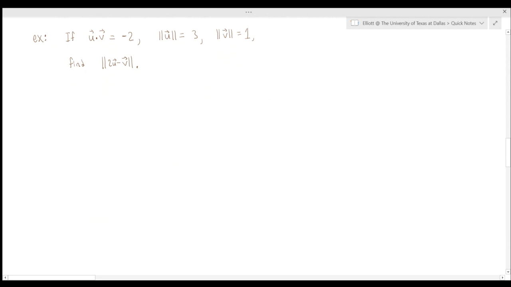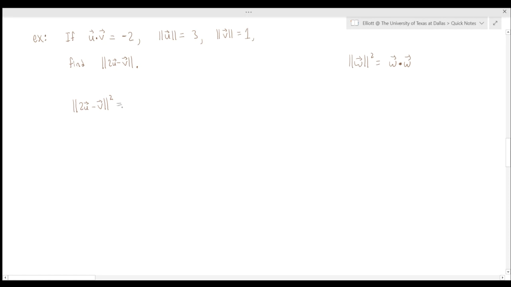So in order to work through this problem, what I'm going to do is focus on computing the length of 2u minus v squared. And to do that, I'm going to use this property that we went over just a moment ago, how the norm squared is the same as the vector dot product with itself.